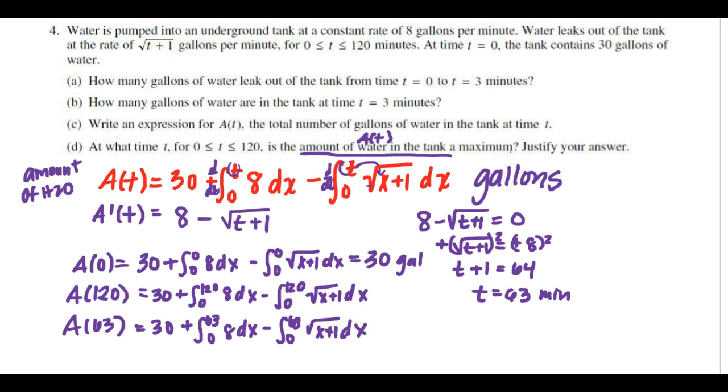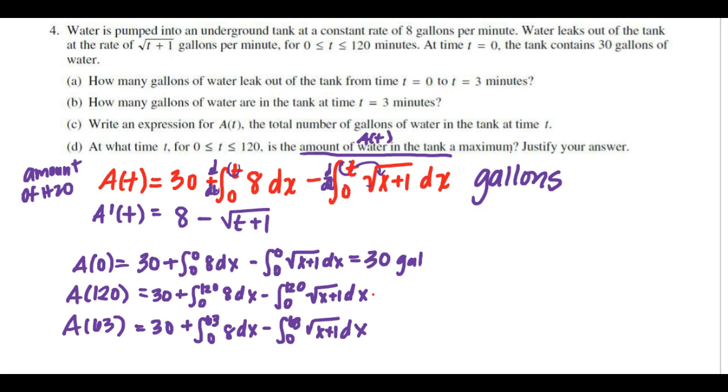Alright, so let's go ahead and see how this is going to turn out. I'm going to have to make some space, so I'm going to erase this. So this part would be 30 plus, I'm doing a little bit of stuff quickly here. The antiderivative is 8t, so when I substitute in 120 and then 0, it's just going to be 8 times 120. And we actually did this antiderivative earlier. It required a u substitution. Again, I'm doing some shortcuts.